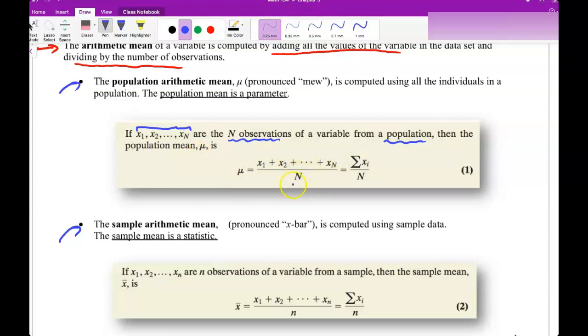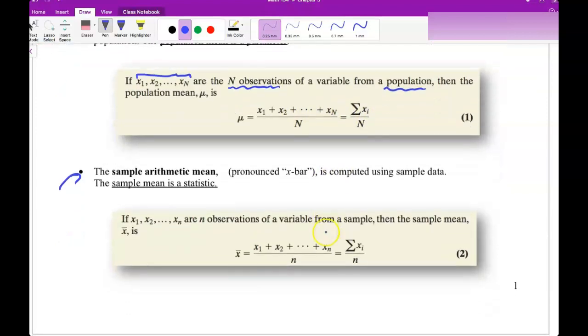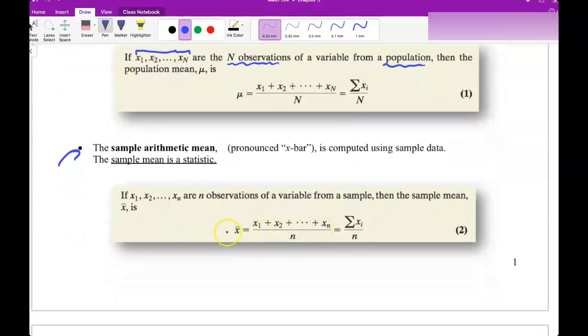In total we have n observations, and that is in the denominator. Exactly the same thing for the sample mean. This is the sample mean, and that one is the population mean.